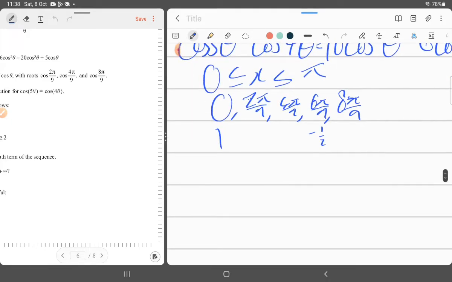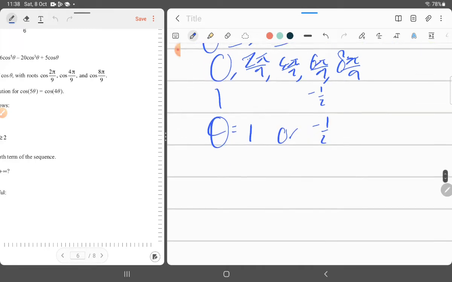Alright, so basically cosine theta is equal to 1 or negative half. So cosine theta take away 1 equals 0, and not theta. Theta isn't equal to 1. Cosine theta take away 1, and cos theta is equal to negative half.